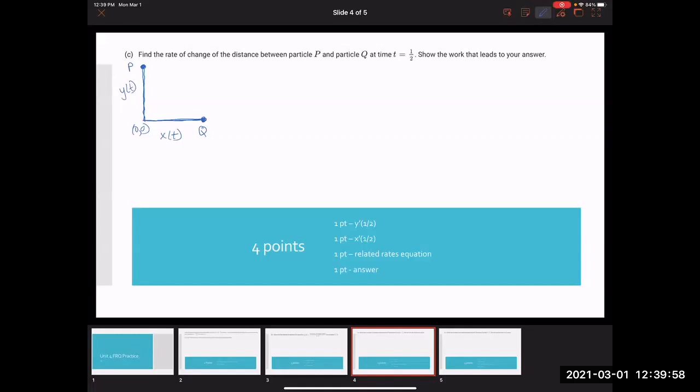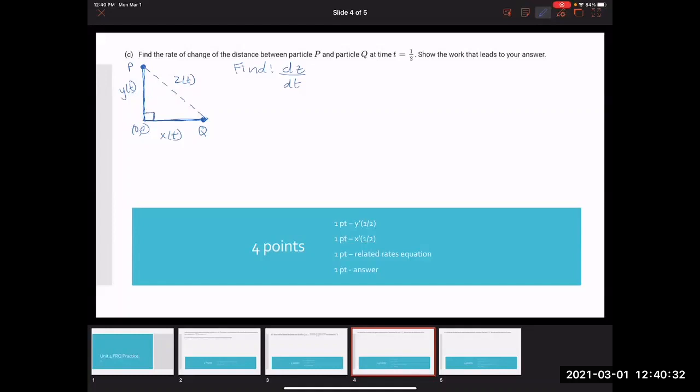If you visualize this correctly, hopefully everybody can see that they're moving towards each other or away from each other at a right angle. So what we're really trying to figure out is how fast this distance between them, which I'm going to call z of t, is changing with respect to time. So what we're really trying to find is dz/dt. We're trying to find how fast that distance between them changes with respect to time.